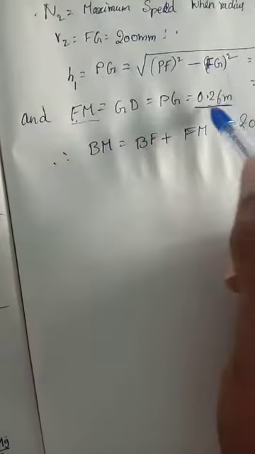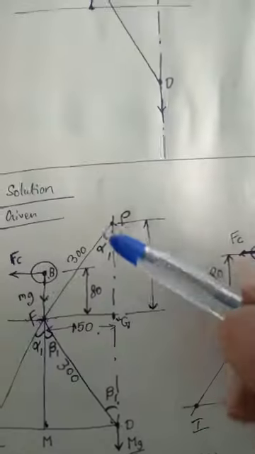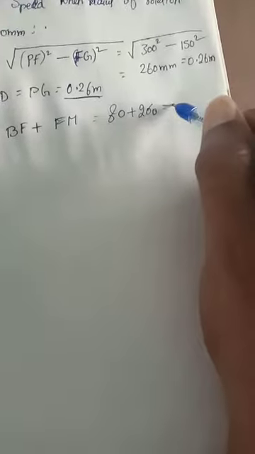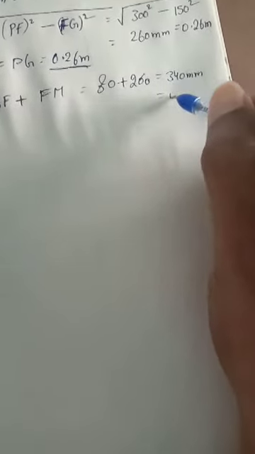Why? Because FM is equal to 0.26, and BF, that is B2F, is equal to 80 mm. Okay, so then we substitute in here. So that is equal to 340 mm, that is equal to 0.34 meter.